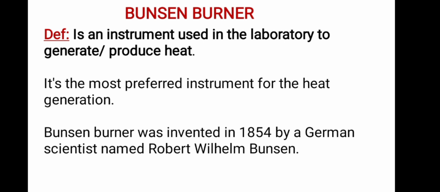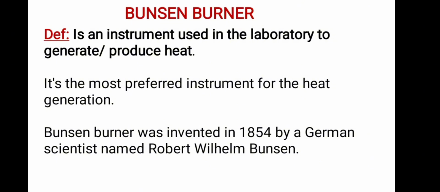In other words, it's also defined as an instrument that is mostly preferred for heat generation in the laboratory. It is the most preferred instrument for heat generation, because the use of the Bunsen burner is very effective in so many ways. We will learn that later.